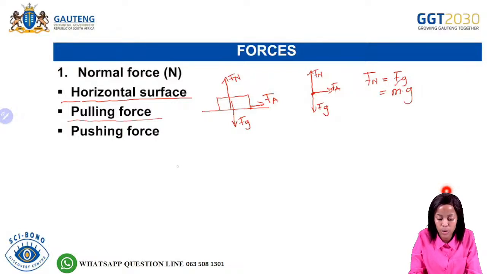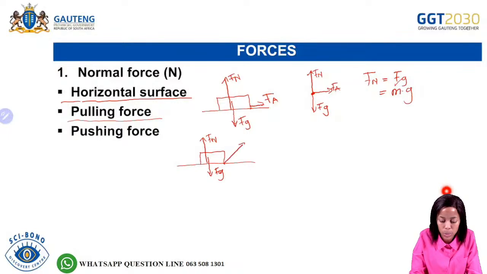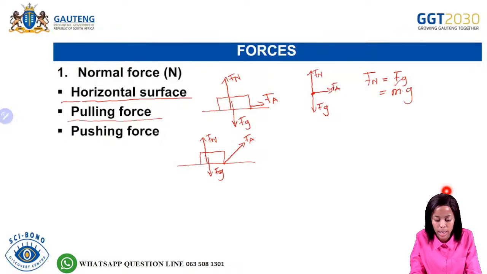For a pulling force, you would represent your object using a box, with your normal force going upwards and your gravitational force going downwards. They now told you that it's a pulling force, so you would draw your applied force, let's say again, to the right.